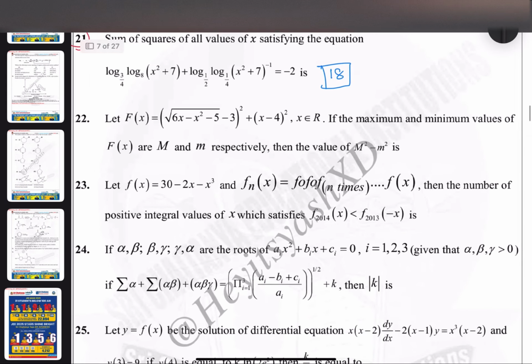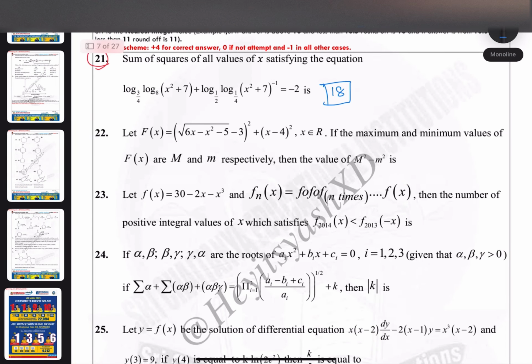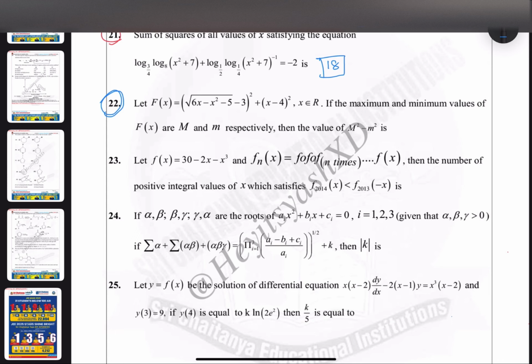All right. So now let's go to this question. This looks something like the distance formula. This is your y2, this is your y1, this is your x2, this is your x1.